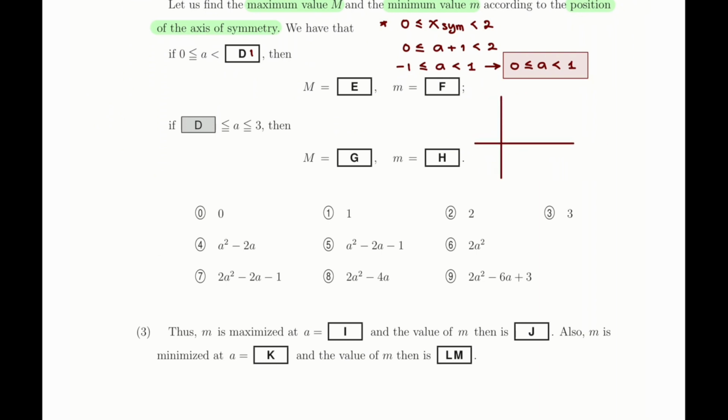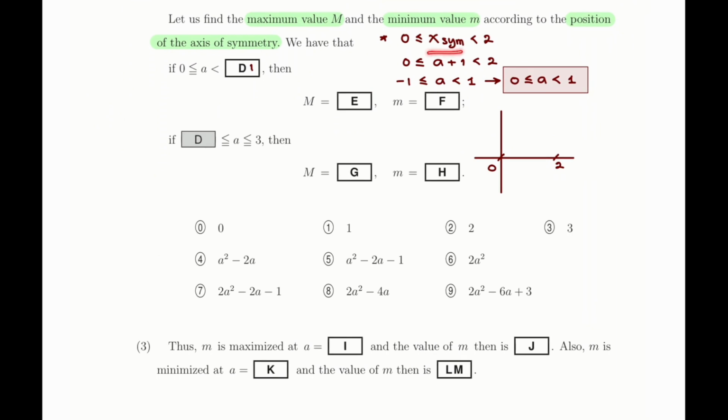You need to know that a quadratic function's graph is a parabola. The value of x is from 0 until 2. I assume 2 is over there. The symmetrical axis is between 0 and 2. I do not know the exact position of the axis of symmetry, but I know it is between 0 and 2.